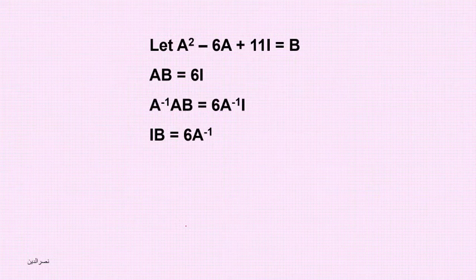Okay, so let's see the next question, on how to deduce A inverse. From A square minus 6A plus 11I, let it be equal to B. So we have A times B equal to 6I.